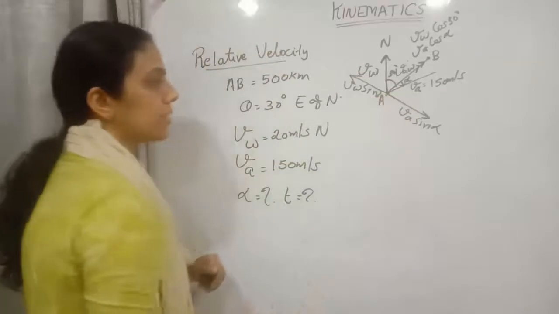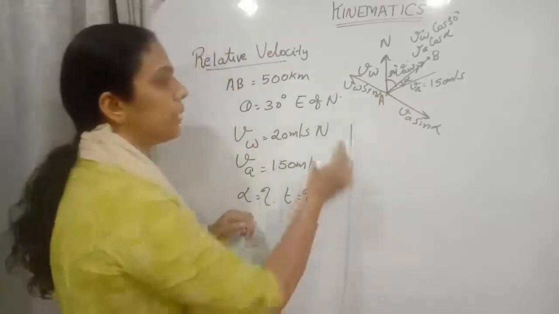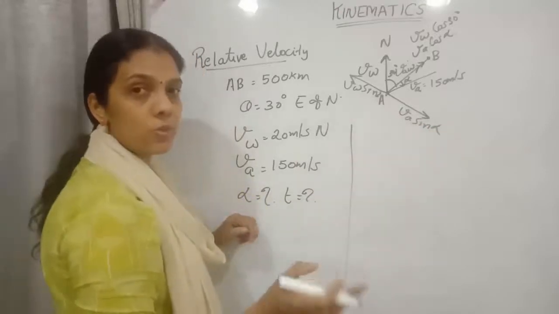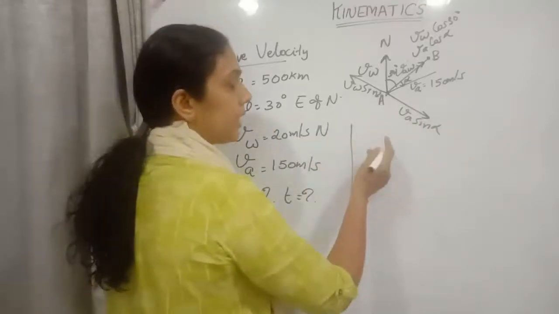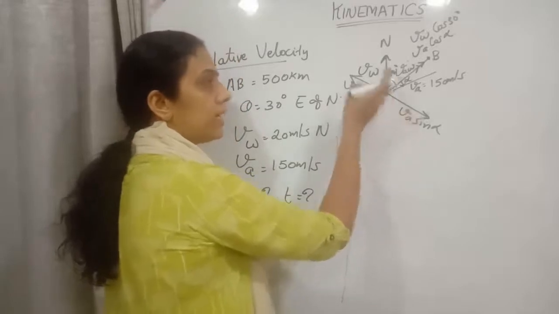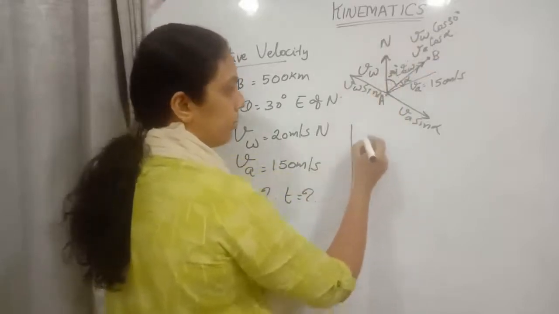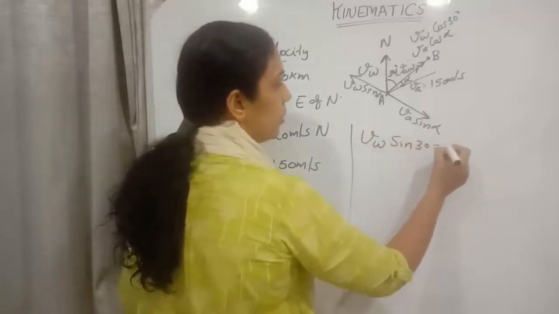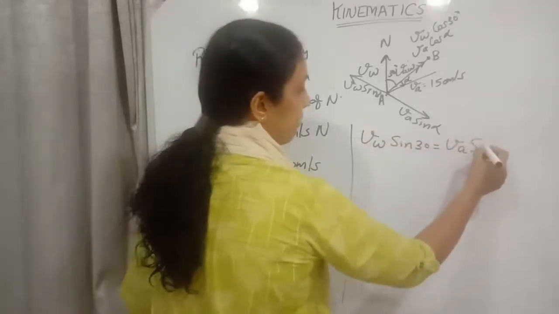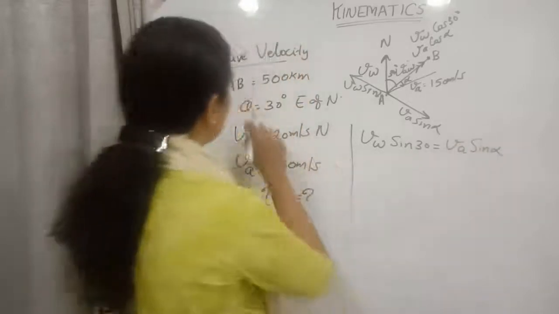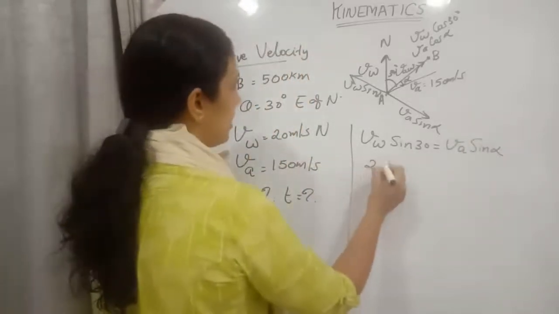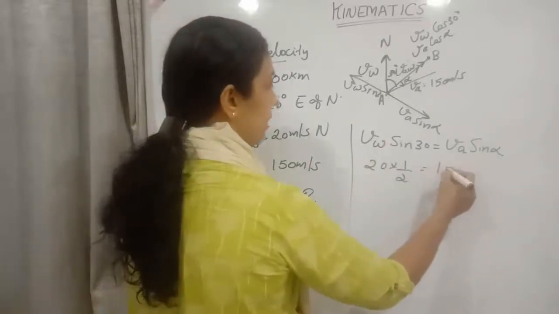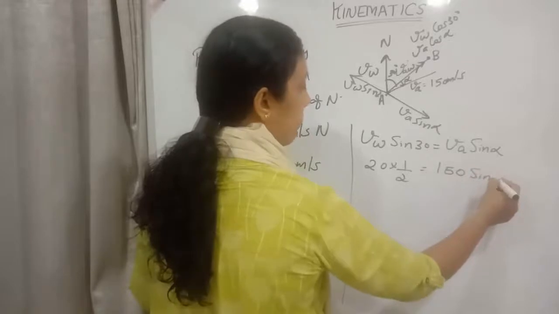So what is the condition? The condition should be VW sin 30 equals VA sin alpha. In the last video I explained everything in detail. If this is not balanced, it won't go exactly through AB. Therefore VW sin 30 will be equal to VA sin alpha. VW value we know is 20, sin 30 is 1 by 2, VA value we know is 150 sin alpha.